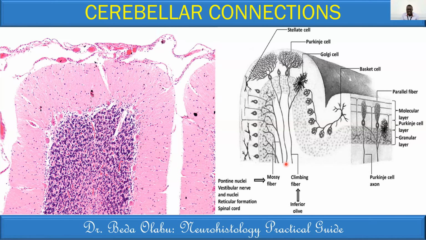Then we have this other entity, the Purkinje neurons, which project from the flocculus and the nodule. Let me put it this way: the Purkinje neurons' dendrites are within the flocculus and the nodule. The Purkinje neurons from those regions project into the fastigial nucleus. So the fastigial nucleus is the output nucleus from the flocculonodular lobe.